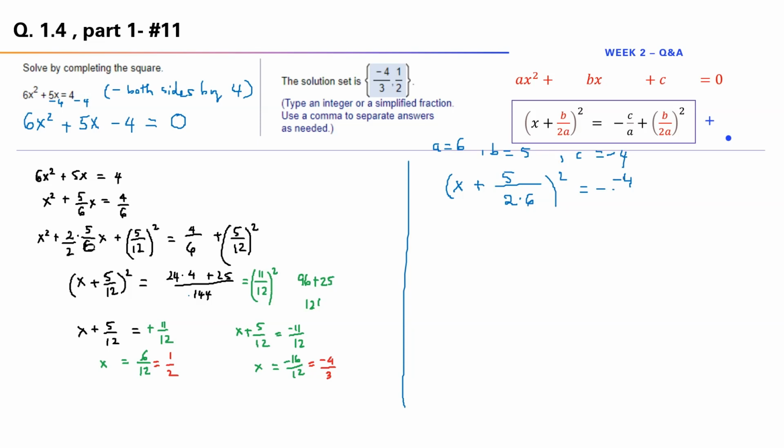C is negative 4, okay, over 6 plus 5 over 2 times 6 squared.